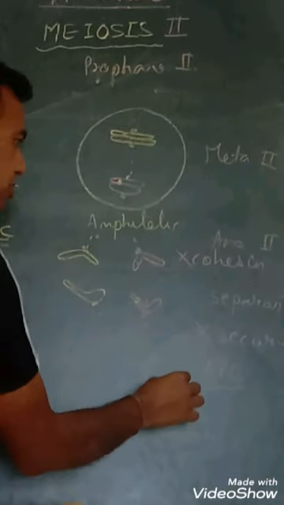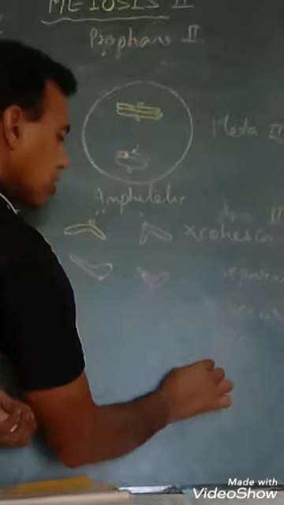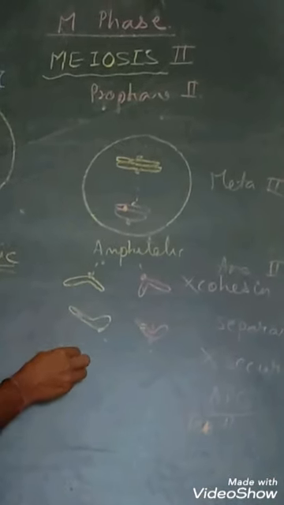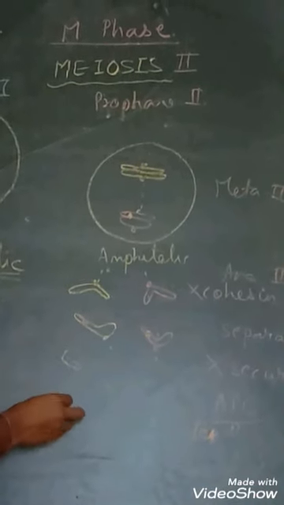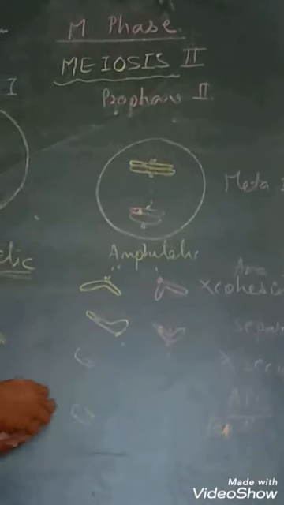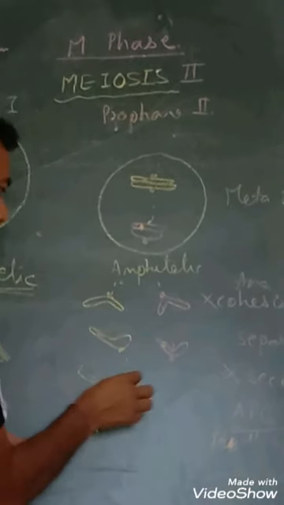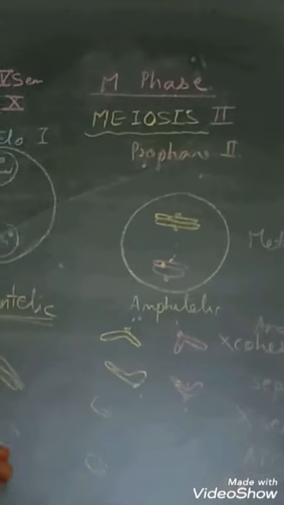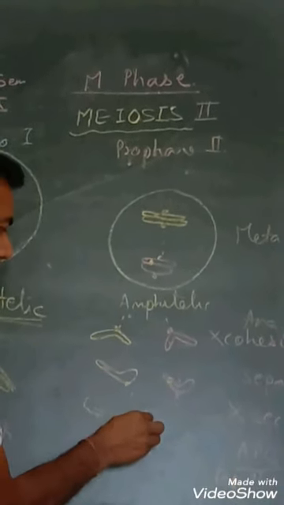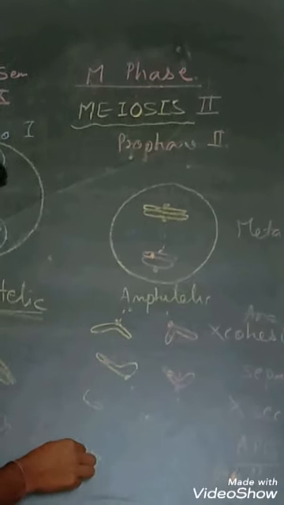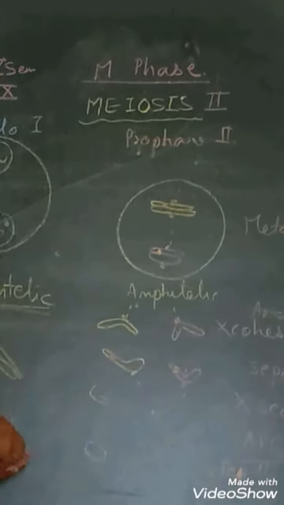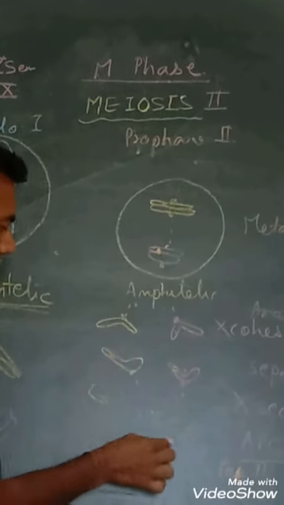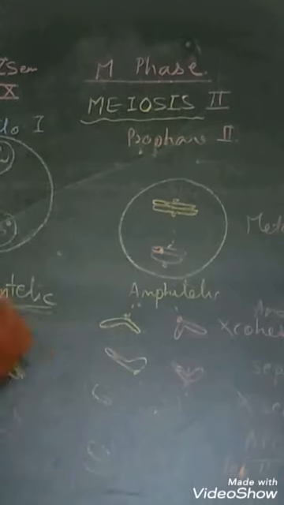So, what happens here in the last? In telophase 2, these 4 chromosomes move to opposite poles. The chromosomes become uncoiled, uncondensed, relaxed. Nuclear membrane and nucleolus reappear, thereby making 4 nuclei.